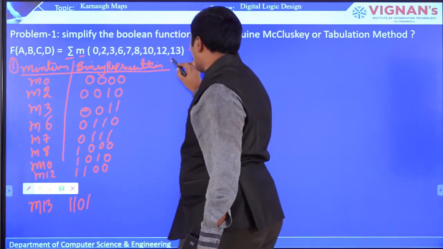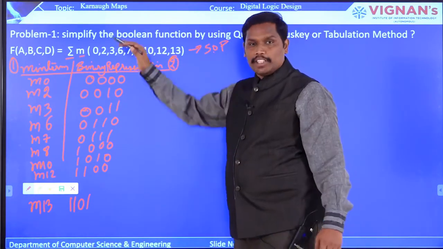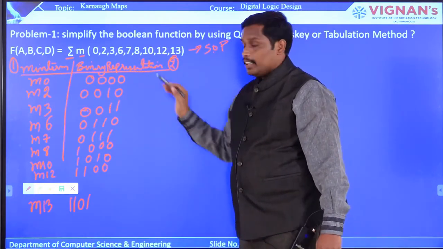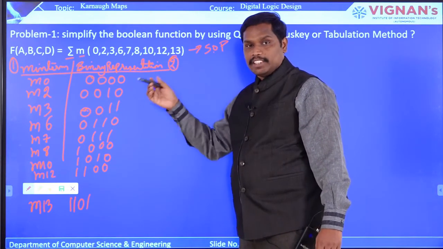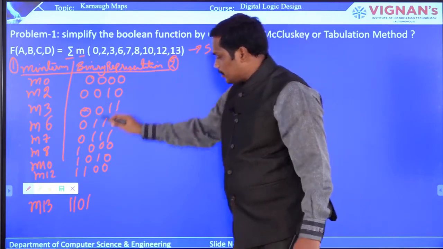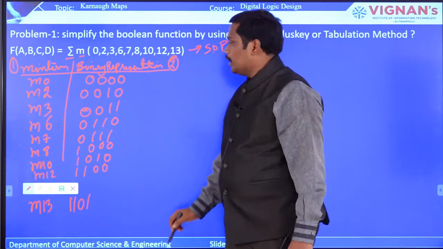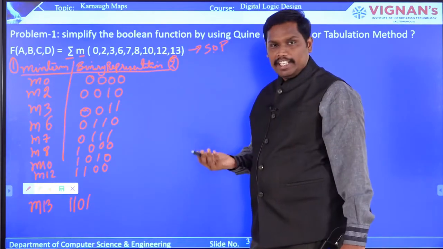Now step number 2, what you are going to do is segregate them into consecutive successive groups with the number of ones in the binary representation as 0 or 1 or 2 or 3, and so on. In the whole binary representation for the corresponding min terms, M0 does not have any ones.